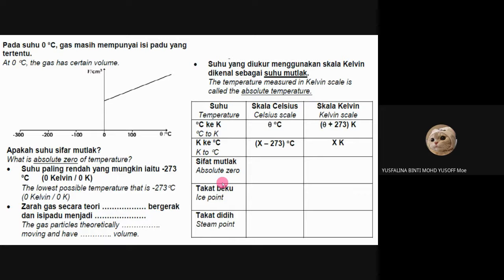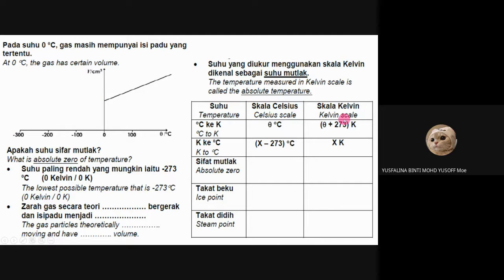Here it says that at 0 degrees Celsius, the gas has a certain volume. So if you keep decreasing the temperature, you will see that at negative 273 the volume of the gas is almost zero.